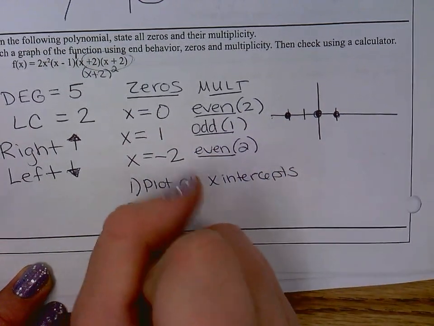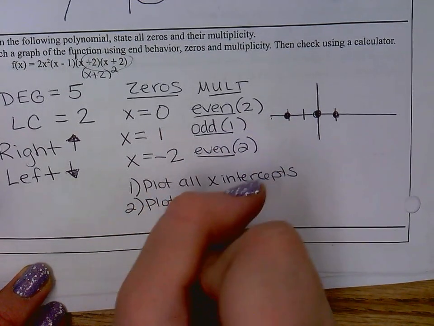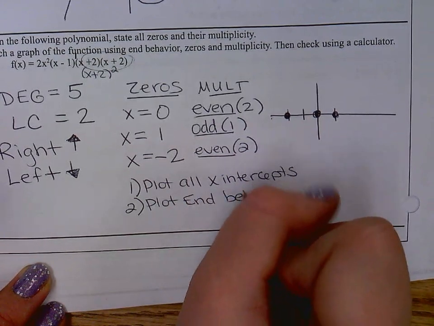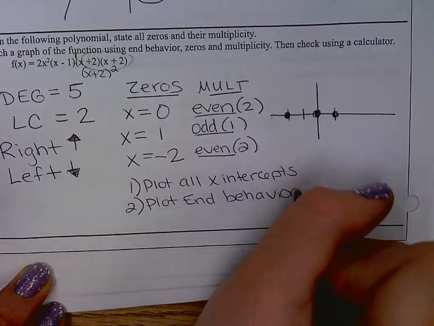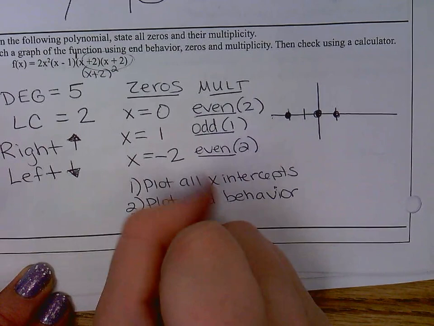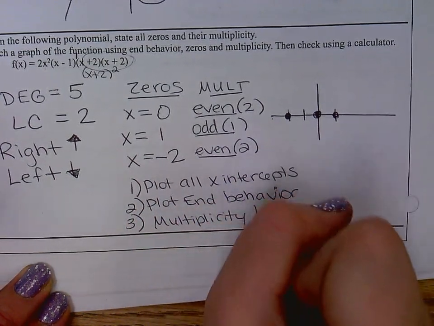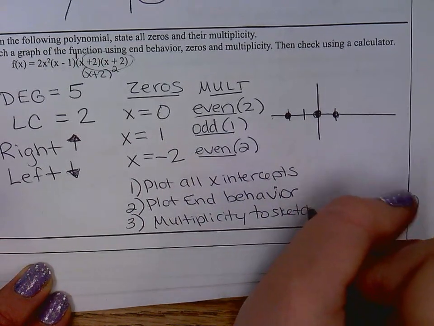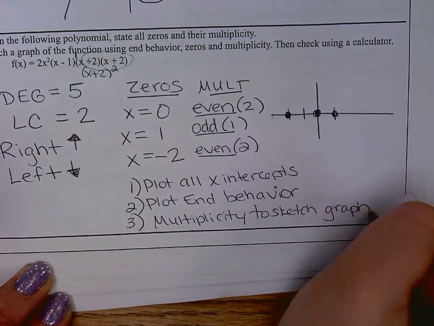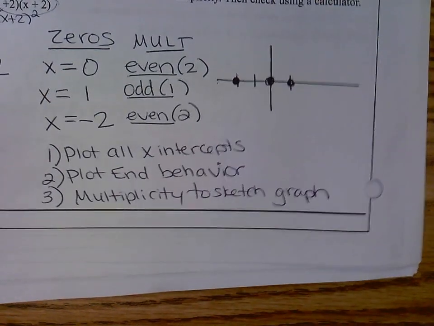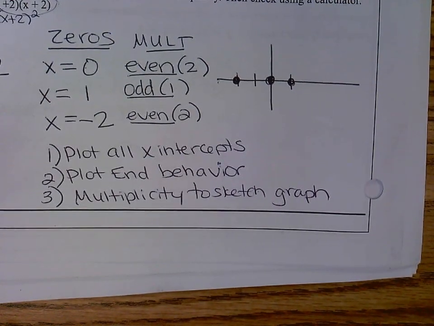Step 2, plot your end behavior. And then step 3 is think about your multiplicity to sketch your graph. I'll wait a minute while you write up those steps. Sometimes people don't know what to do first once they have all the information in front of them. It's kind of overwhelming, too much information.